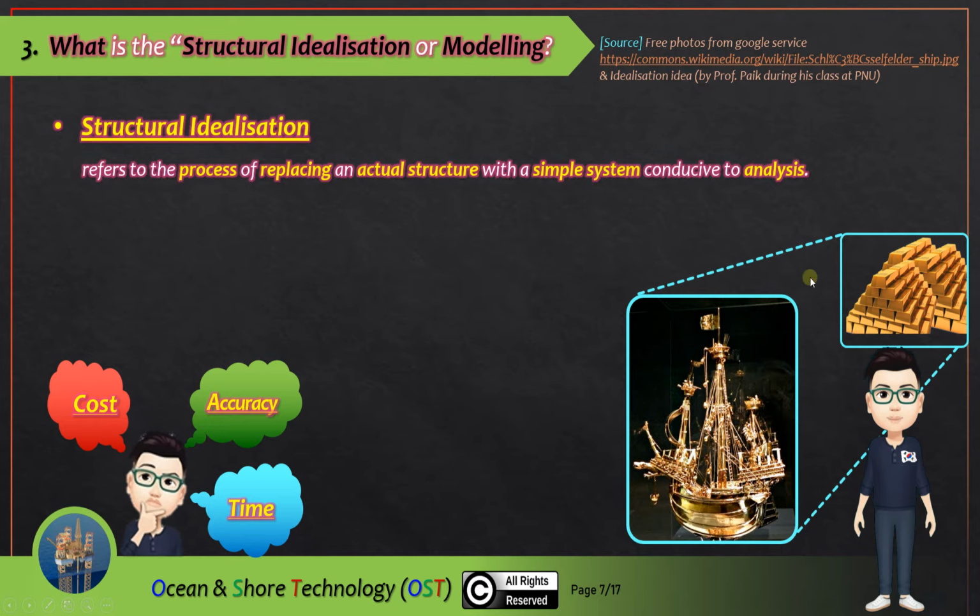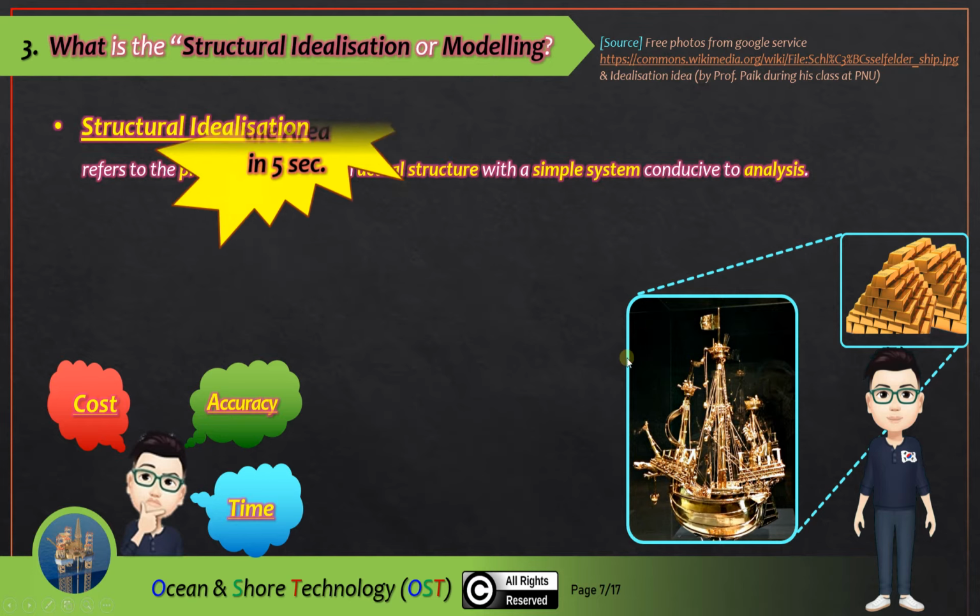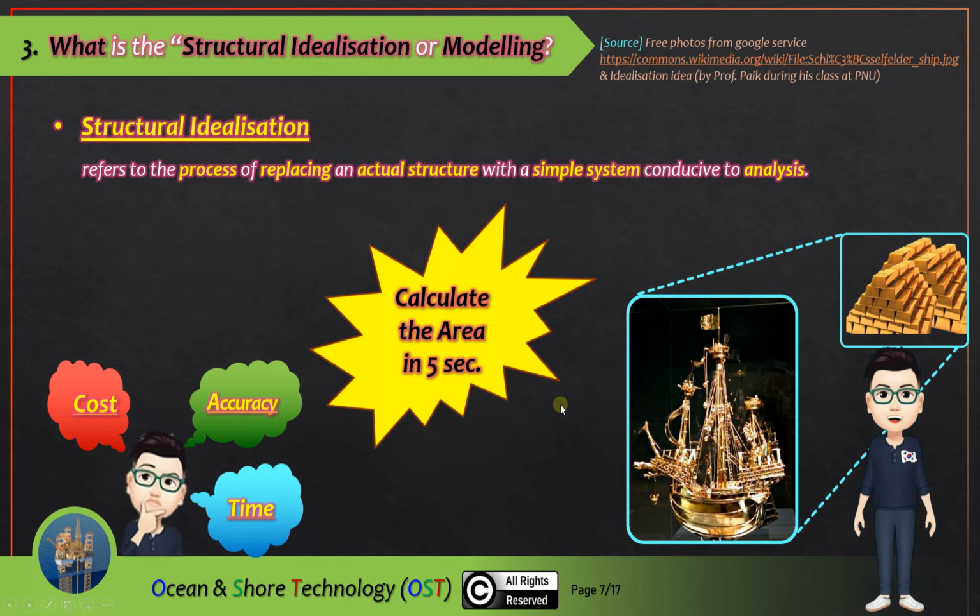It is available, but cost matters. So if I ask you whether you can calculate this yellow area in 5 seconds, how could you do that? I will give you 5 seconds, and let's see how to resolve this engineering problem.